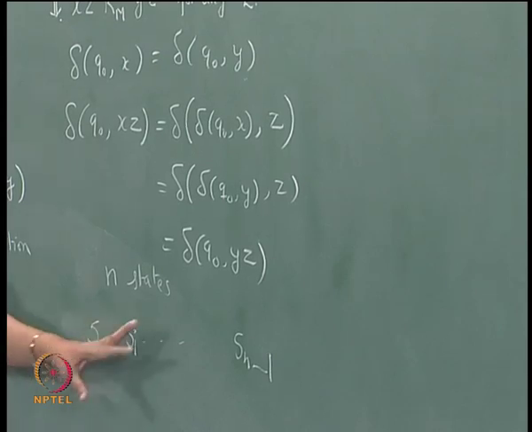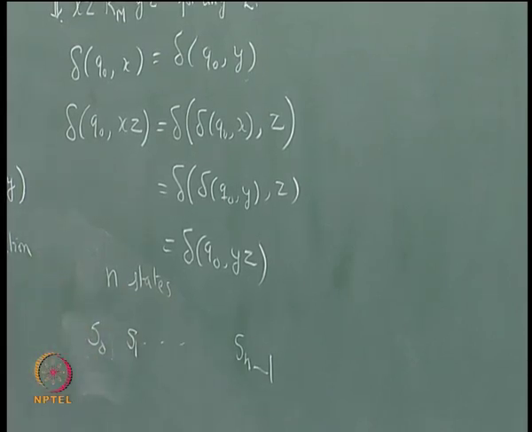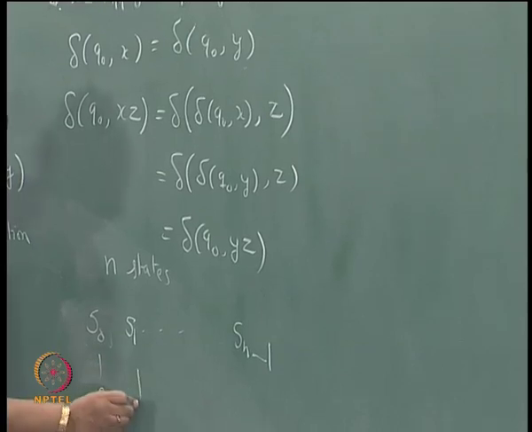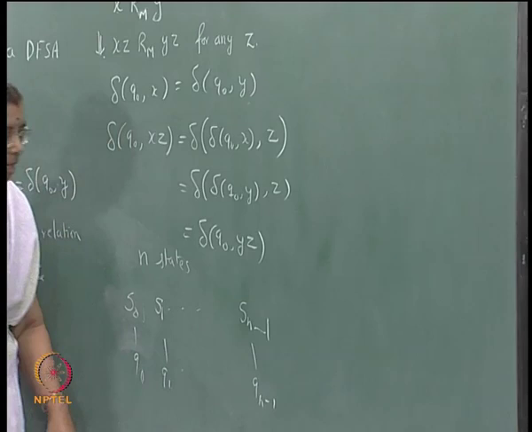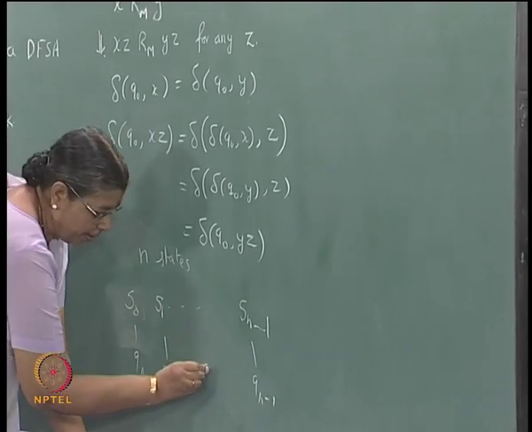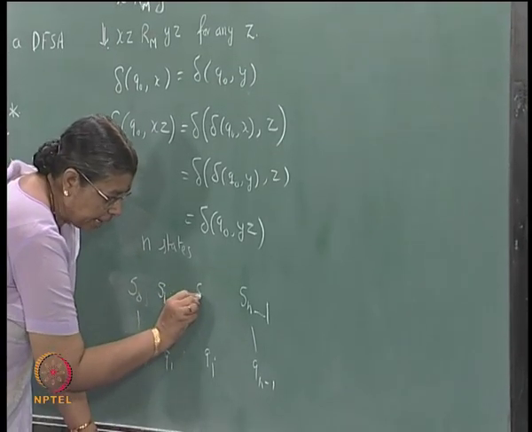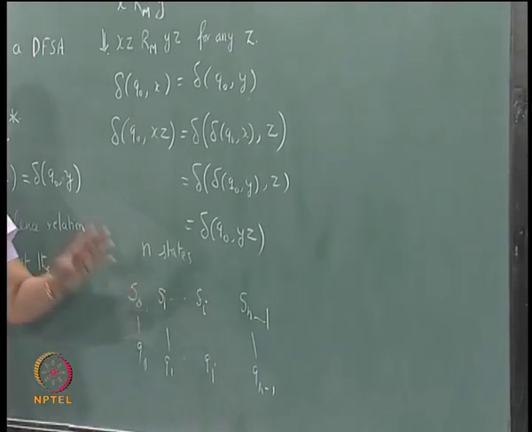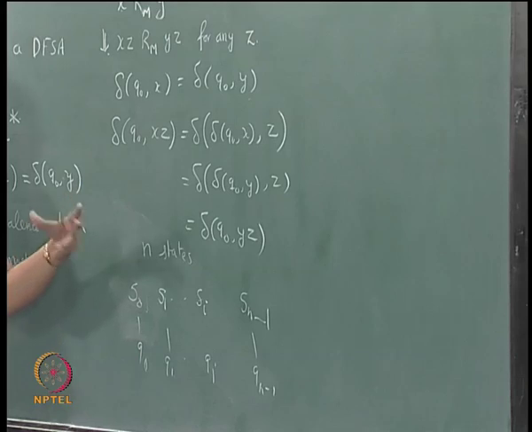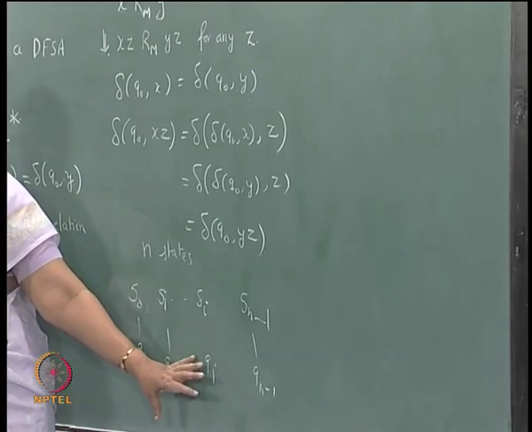These are the equivalence classes; they are subsets of sigma star, which is partitioned into them. This corresponds to q naught, this corresponds to q1, and so on. If you have qi, it is Si. Si is the set of strings which take you from q naught to qi, right.